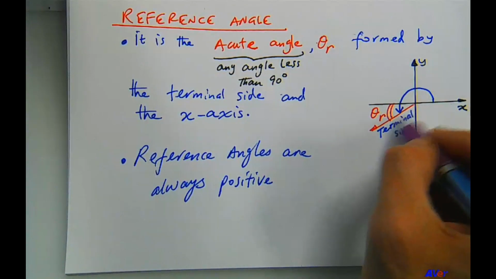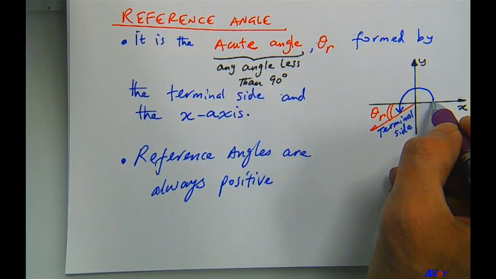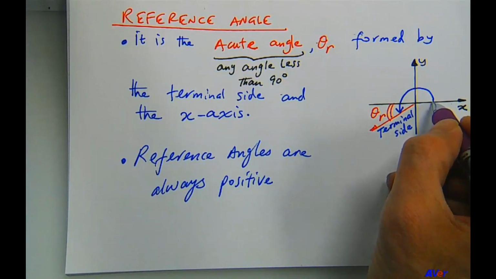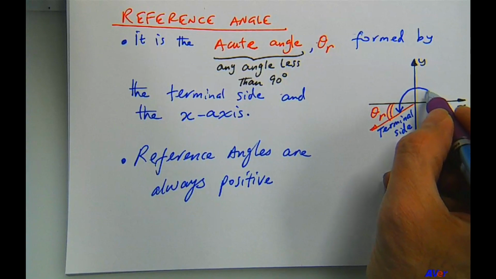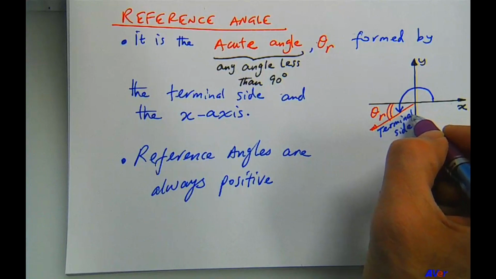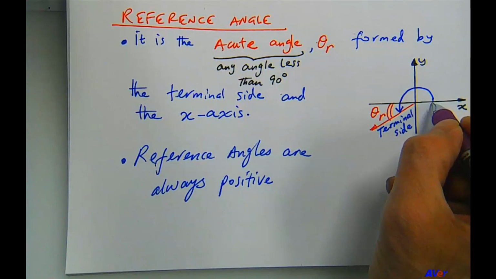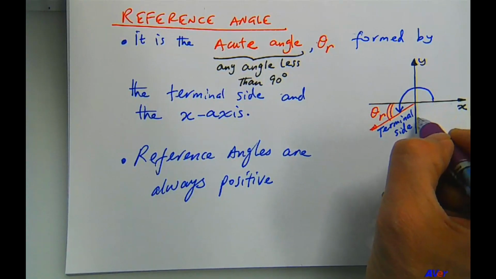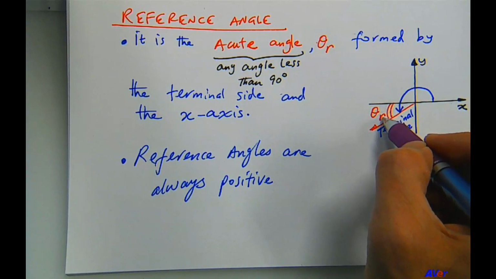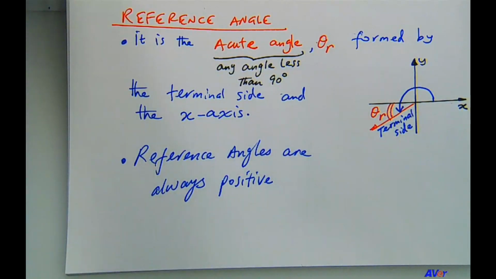But if we got to this terminal side going in the clockwise direction, that means instead of going 210 degrees this side, we went 150 degrees this side, the movement would be clockwise, minus 150 degrees, but still the reference angle theta r would be positive 30 degrees.